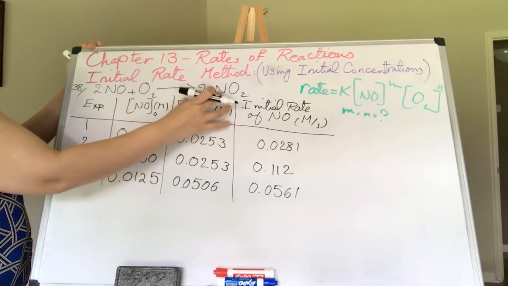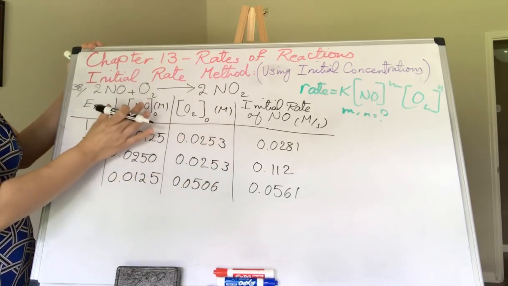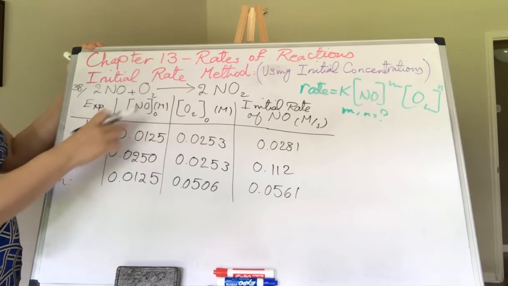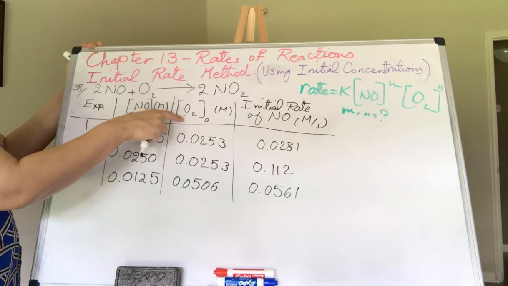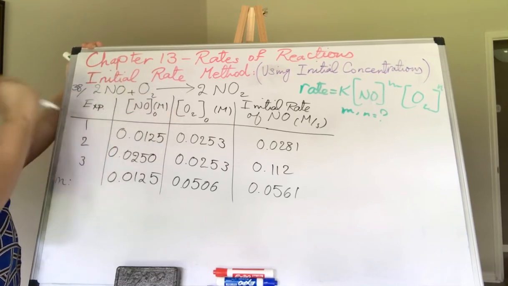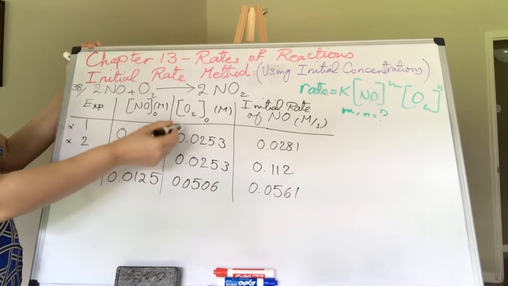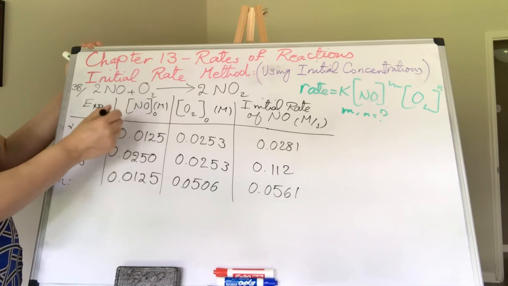So you need to keep this concentration constant to be able to find the order for NO. In which two experiments does the concentration of oxygen remain the same but NO changes? See it for 1 and 2. The concentration of oxygen didn't change but NO changed.